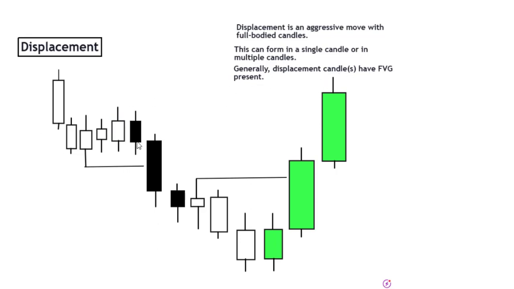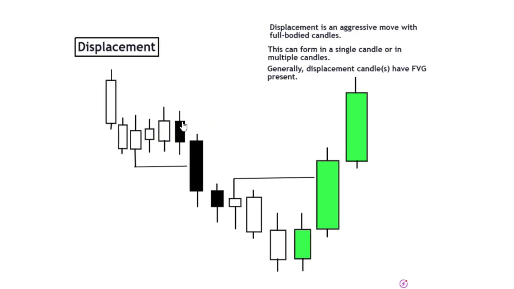For instance, if you look at this price action here, what you can see is we have a massive displacement to the downside, breaking this low, and we have the presence of a fair value gap.